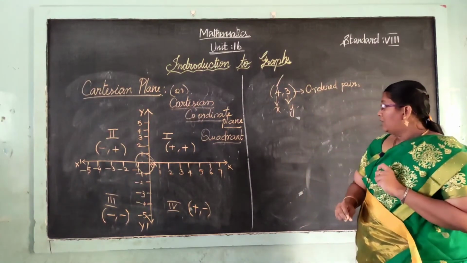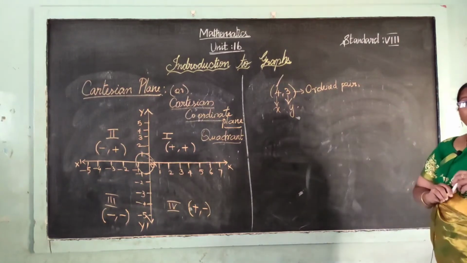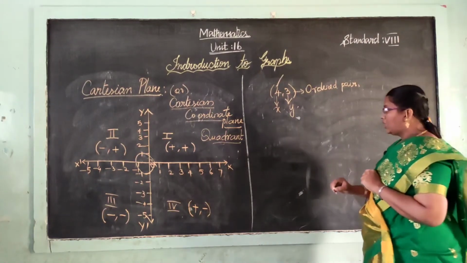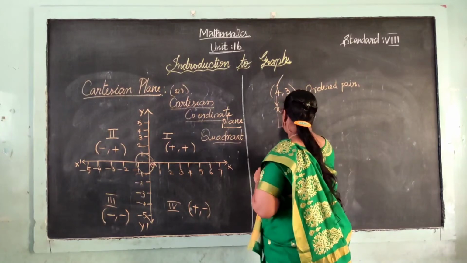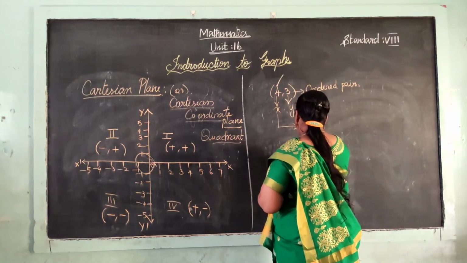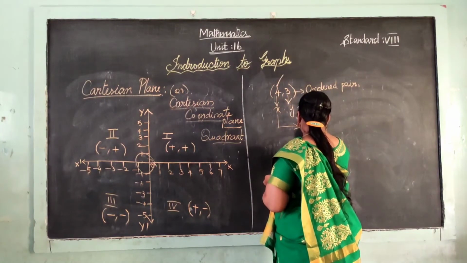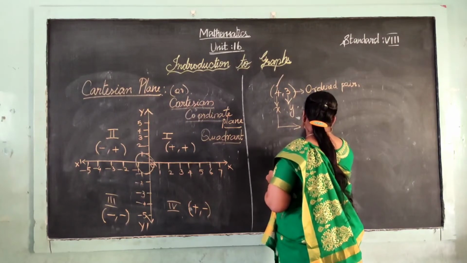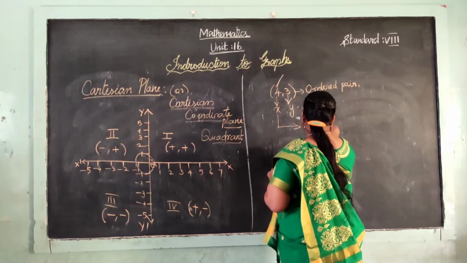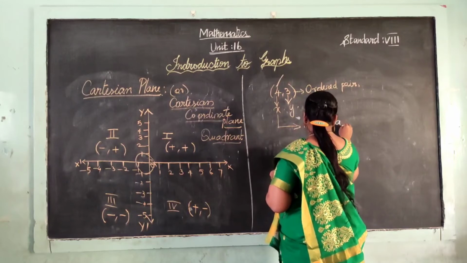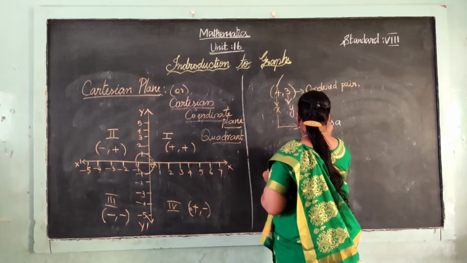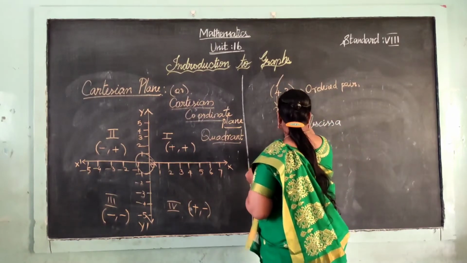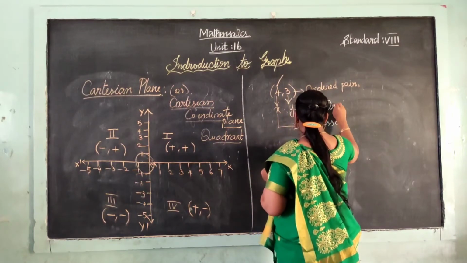The x coordinate has another name, abscissa, and y is called the ordinate.